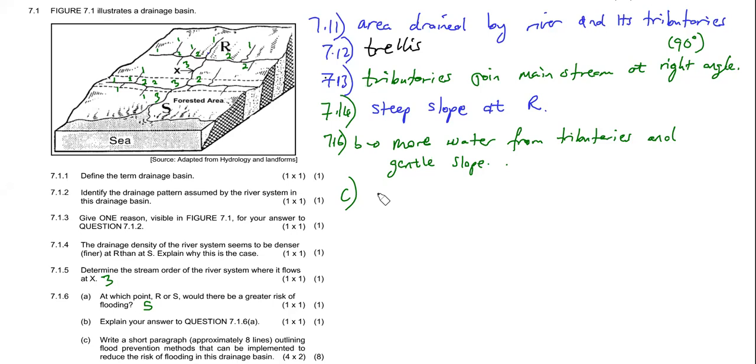So we're going to plant vegetation on the banks. We need more vegetation, and when we've got more vegetation, it means more infiltration, and that water is going to be absorbed.